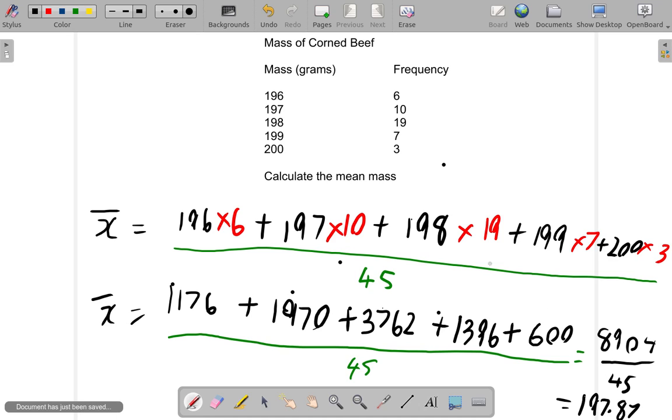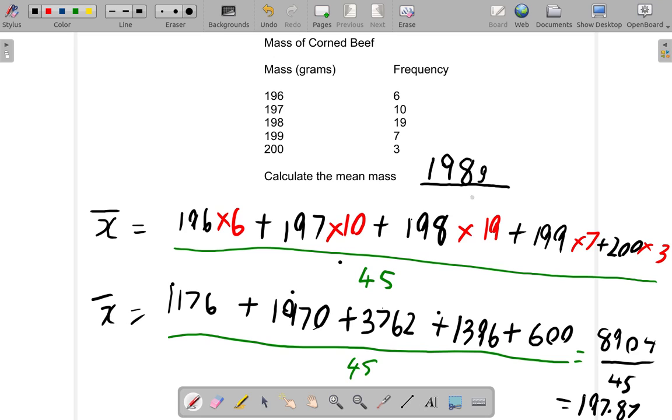Now, since you have these to the nearest grams, let's put this to the nearest gram also. So the mean mass, to the nearest gram, is 198 grams.